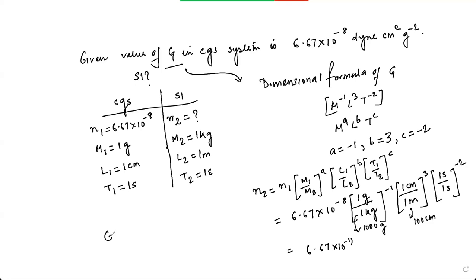So the value of G in SI units is 6.67 into 10 to the power -11 Newton meter square kg to the power -2, as dyne is converted to Newton. So this is the process of conversion from one system of units to another.